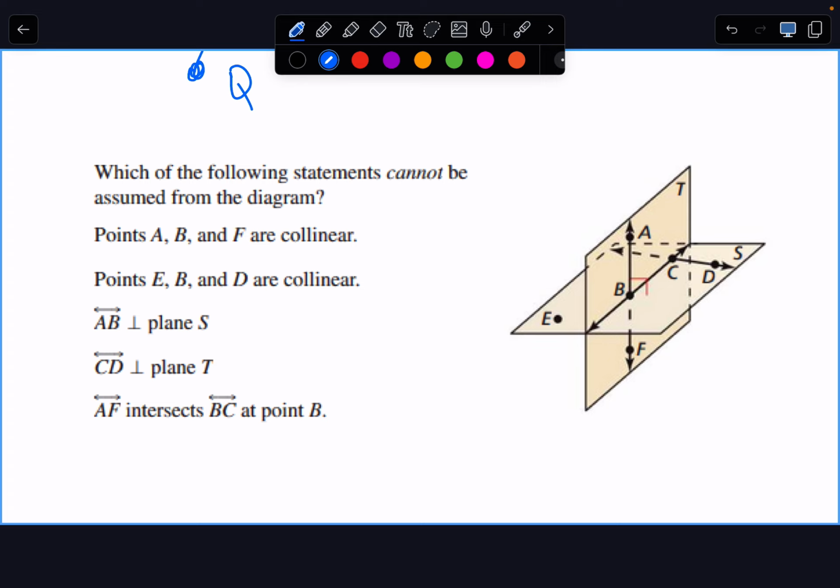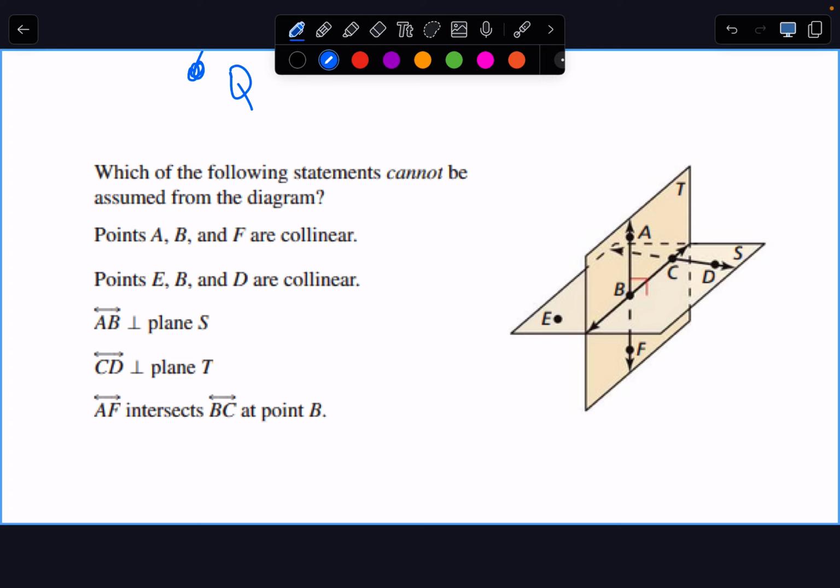CD. I got check mark. No, that's E, B, D. Because B's on both. Points E, C, and D are not here. Isn't it intersecting when you're going through the... Oh! I thought it said coplanar. I thought when you intersect something, it has to be... My bad.